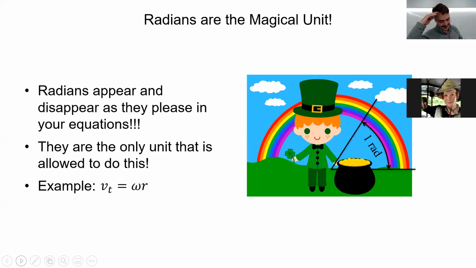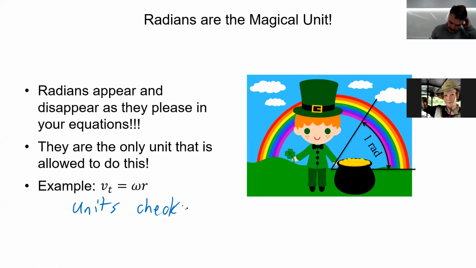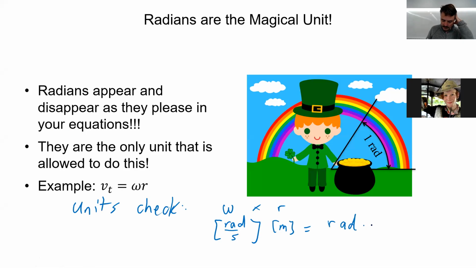And so, the example was exactly this thing. Units check, exactly what Atang was saying, was that you've got omega is radians per second times r, which is in meters, obviously, the radius is in meters, is equal to radians times meters per second.